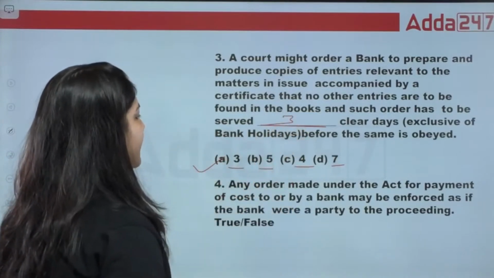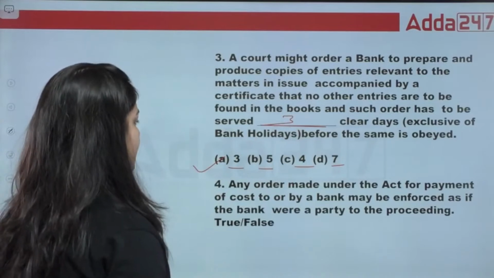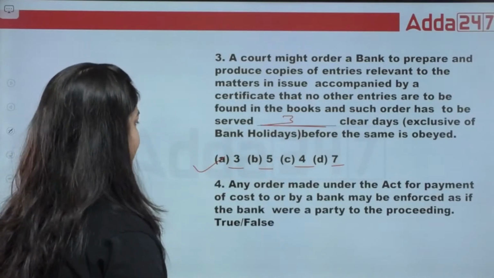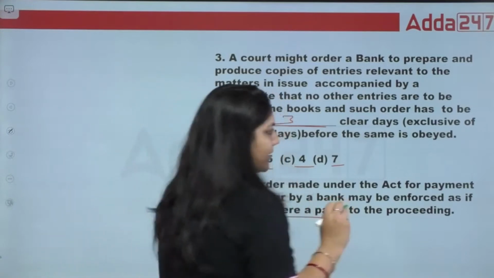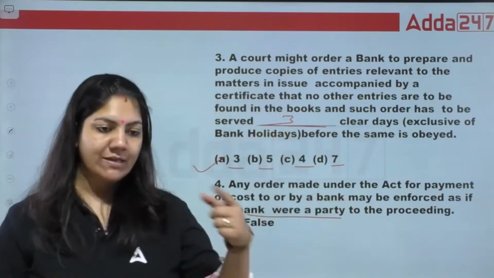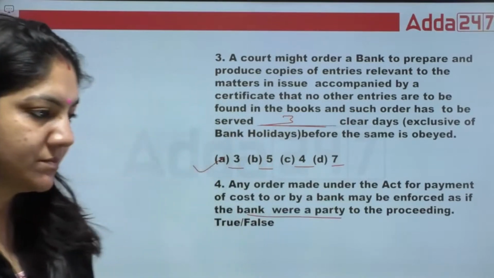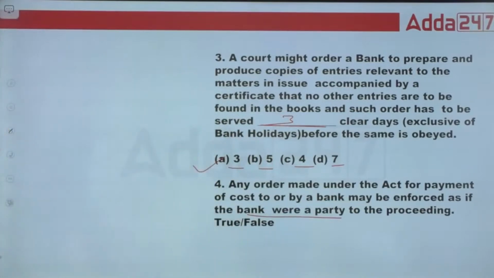Any order made under the Act for the payment of cost by the bank may be enforced as if the bank were a party to the proceeding. It means if the bank were the party, then only the court can give order. Say yes or no. What will be the right answer, guys?